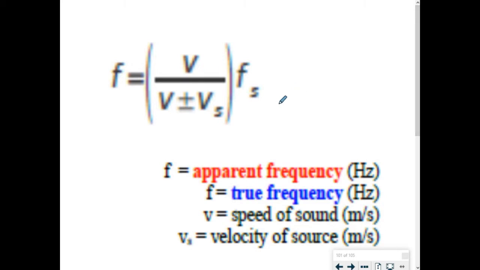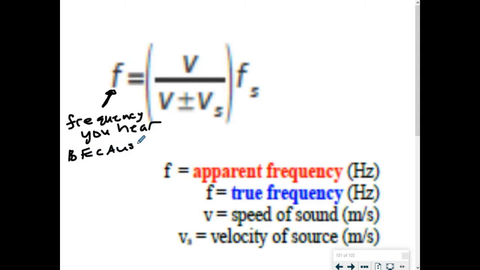Let's go back to this formula here. This is our last formula in the section. The way this formula works is that this F over here is your apparent frequency. It is the frequency you hear, because it's in motion.